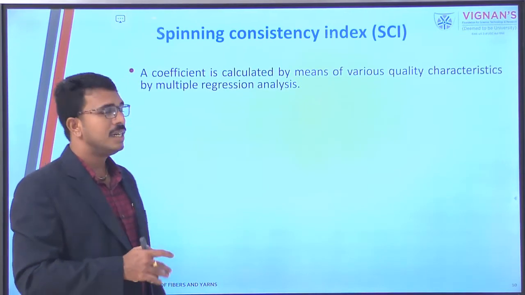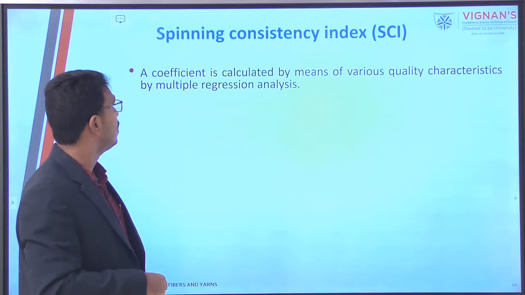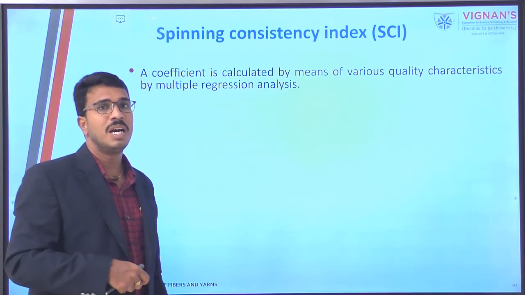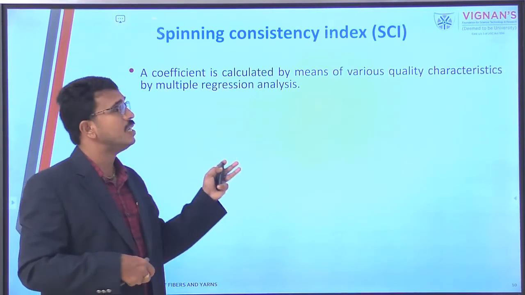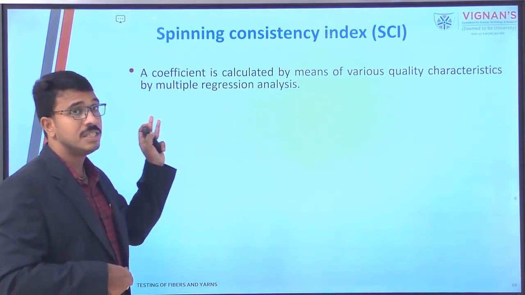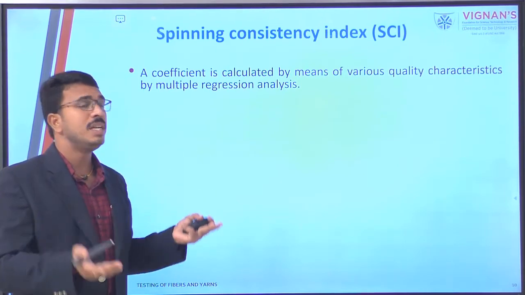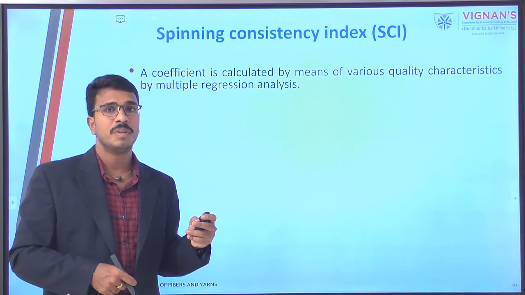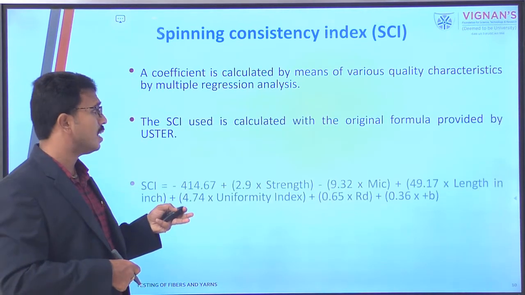And last but not least, the spinning consistency index, that is SCI. A coefficient is calculated, the spinning consistency index. This is calculated by means of various quality characteristics of the fibers which we are testing, and this can be found out by using multiple regression analysis.